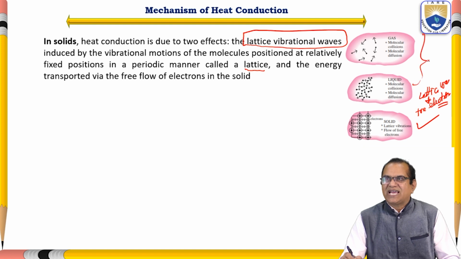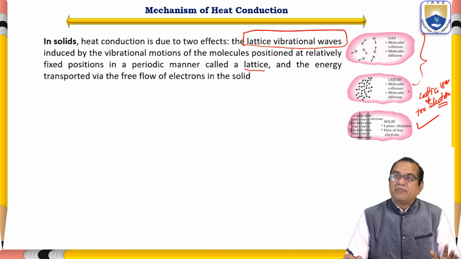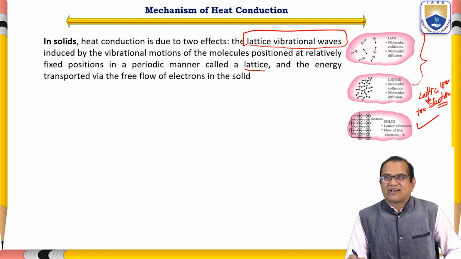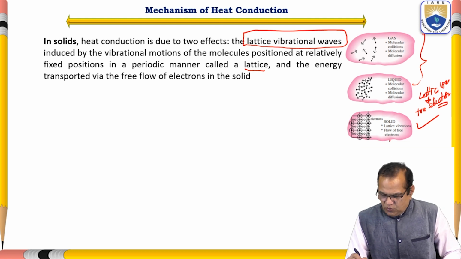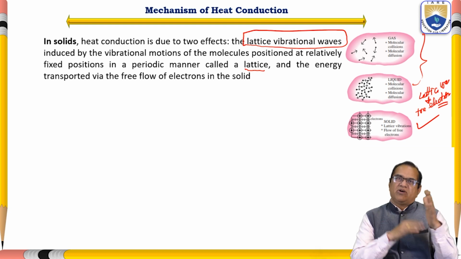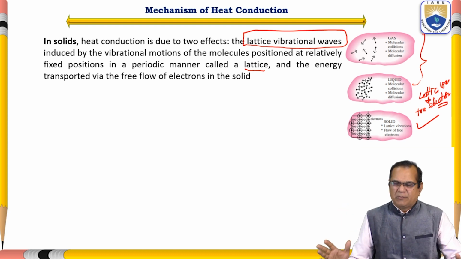So liquids and gases are nearly the same, but the solid is not the same. It is by the lattice wave and the electronic flow of free electrons from one part to another. These are the two ways in which a solid will transfer its heat from one part to another part.